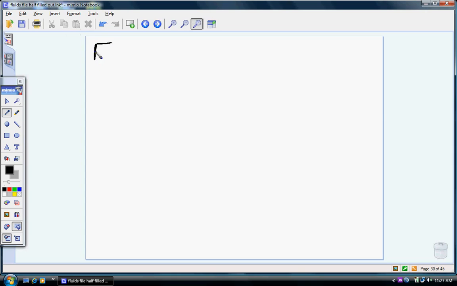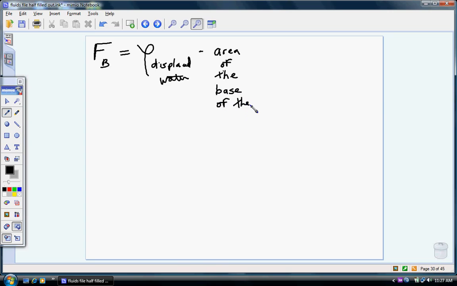So the buoyant force is going to be equal to the density of the water times the area of the base of the cylinder times, not the whole height, but only the height that's underwater, which in the problem they told you is half underwater.